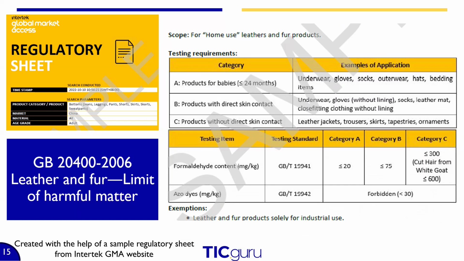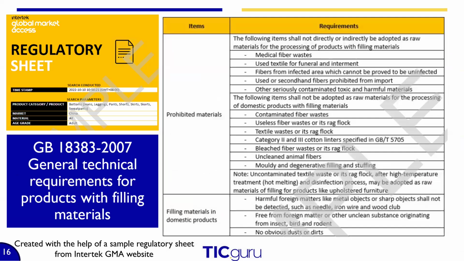You have the GB 20400, which is for leather and fur. And just like the earlier method, this too details test methods to measure specific parameters. You may notice that the test method for formaldehyde content is different here. So the general idea is similar.